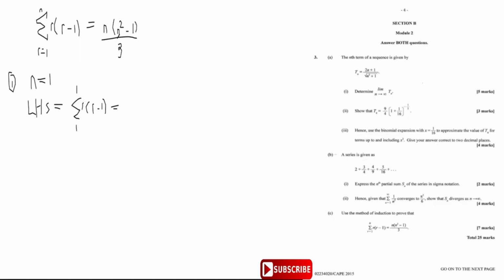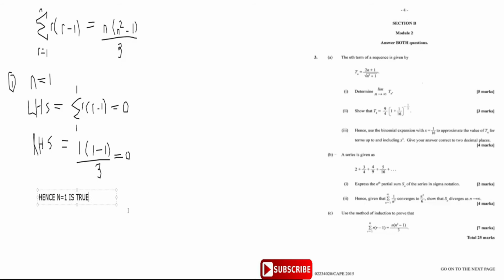So the first term is 0. What do you get on the right-hand side? You get 1 times 1 squared minus 1 over 3, and so you're getting 0. And so you can conclude that n equal 1 is true.